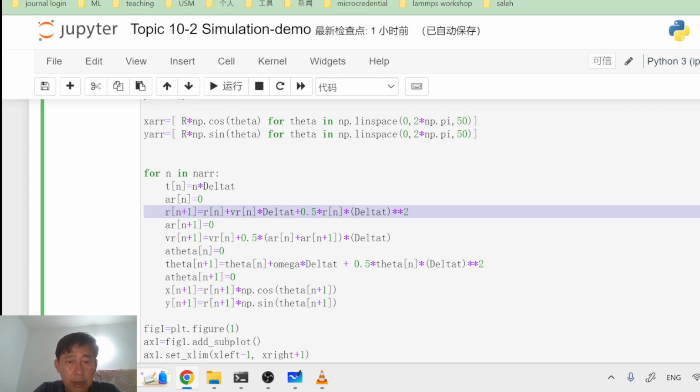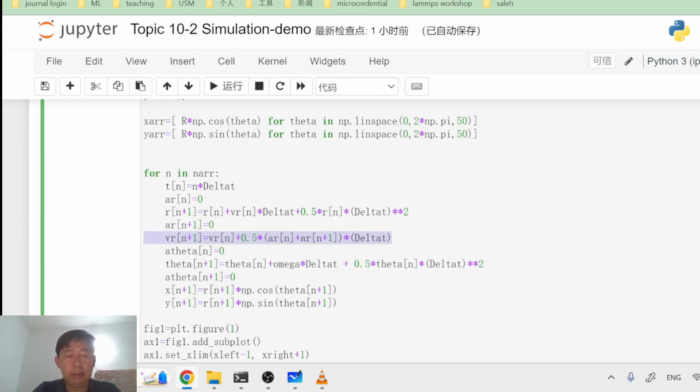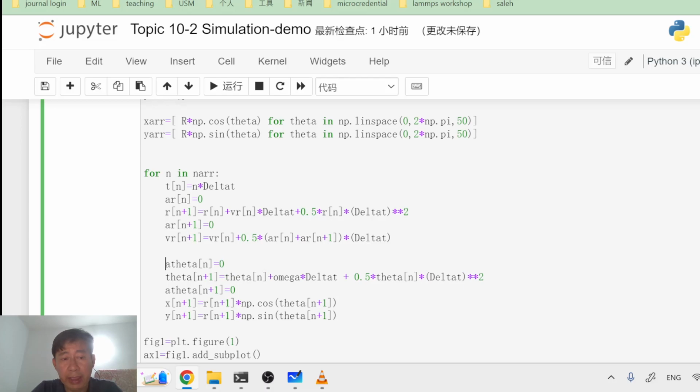And after you have updated the R, you update the AR, the acceleration in R, then you update the velocity of R. Here the velocity of R, VR, is just the R dot. Then this a theta n refers to the acceleration of the angle.